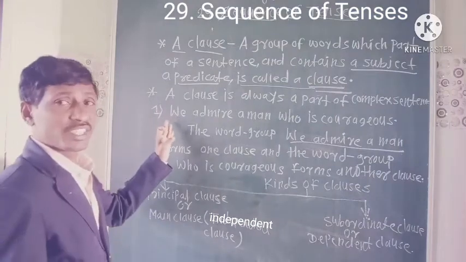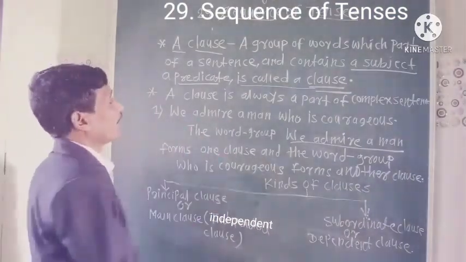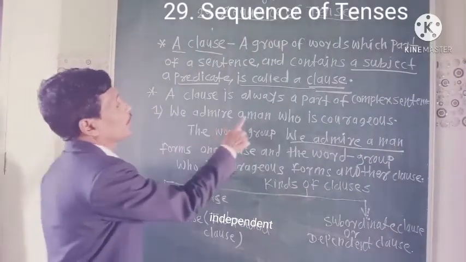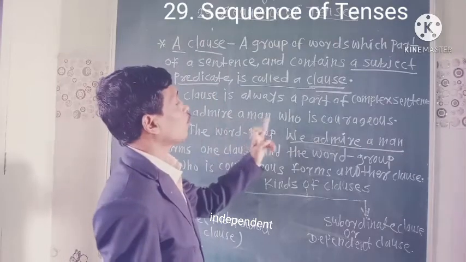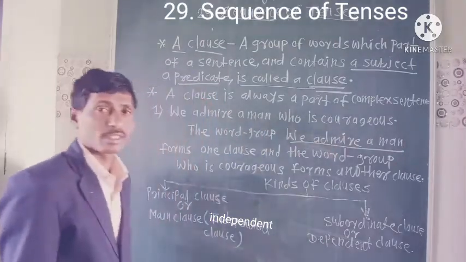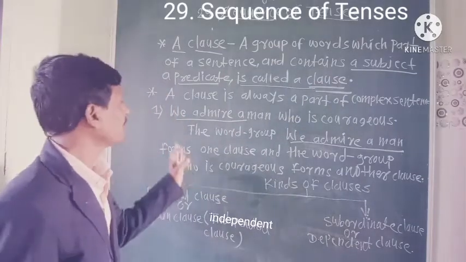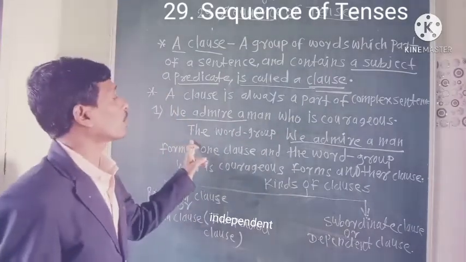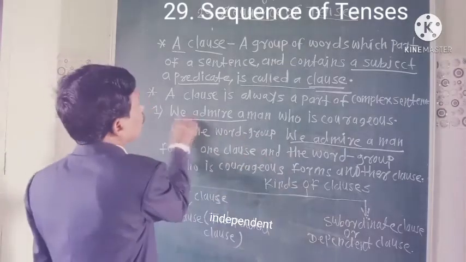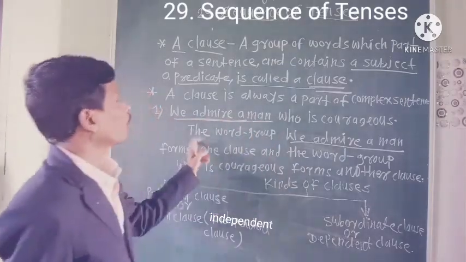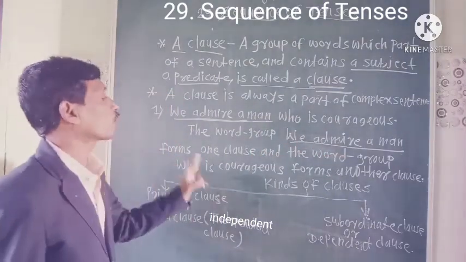So let's see one example about clause. We admire a man who is courageous. This is one example. In this example, the word group we admire a man forms one clause.